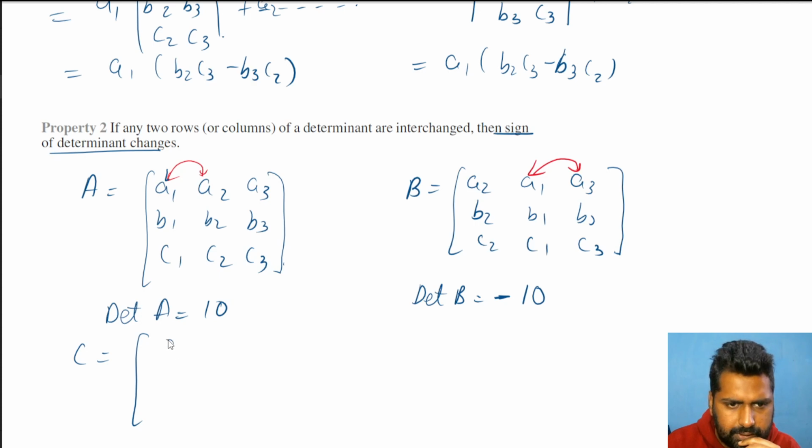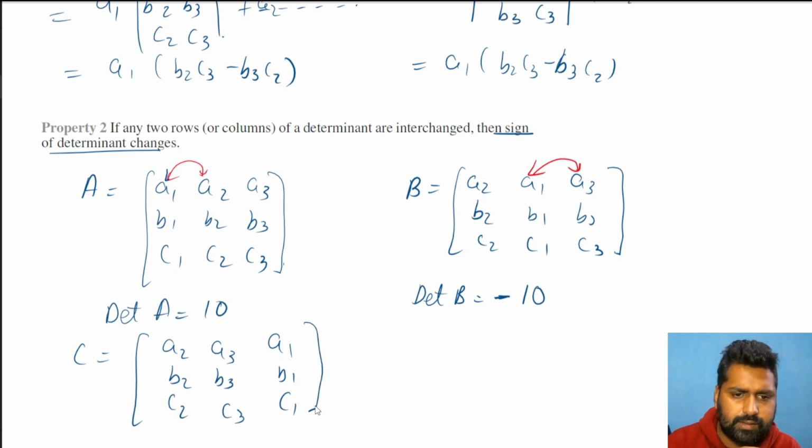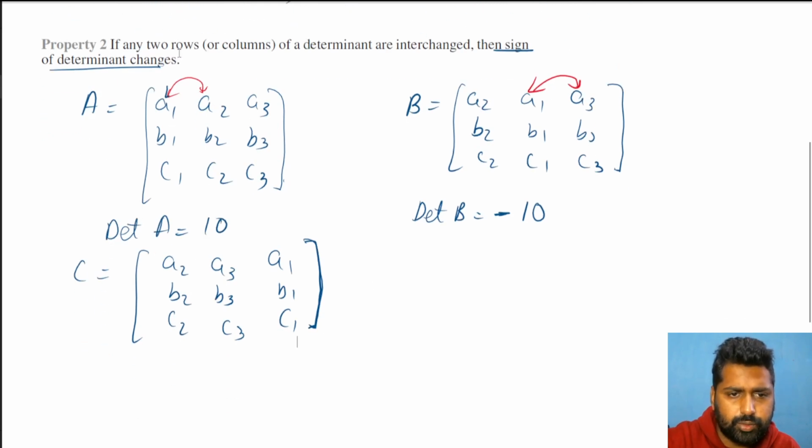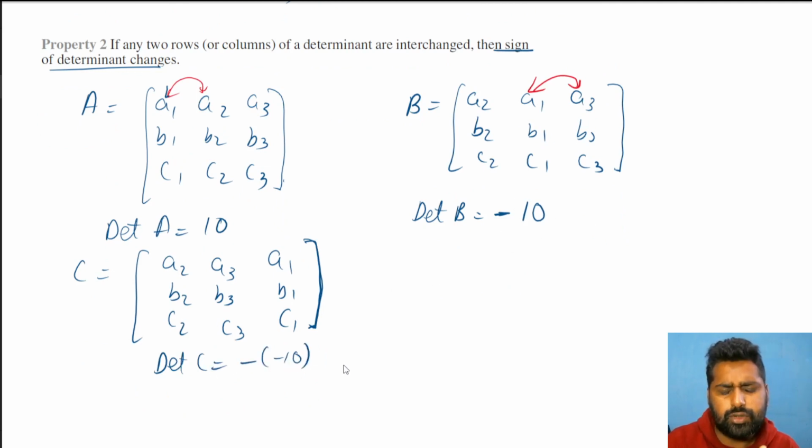So now A2, B2, C2, A3, B3, C3, and finally A1, B1, C1. Since you have changed two columns one more time, determinant of C will become the negative of negative 10. Every time you change a pair of columns, the sign of the determinant will change, so it will become plus 10.